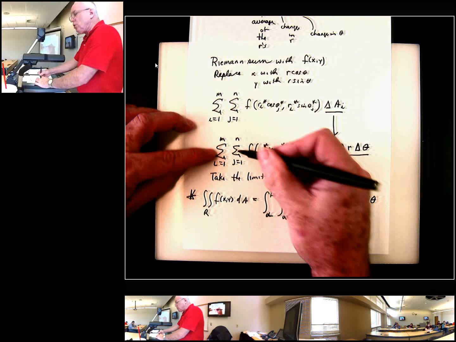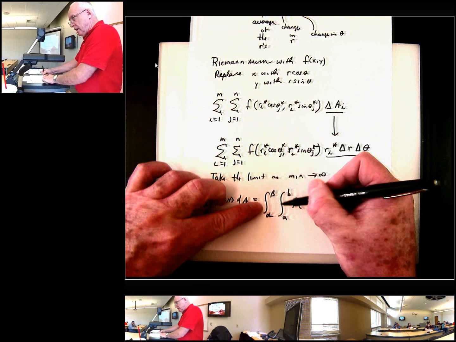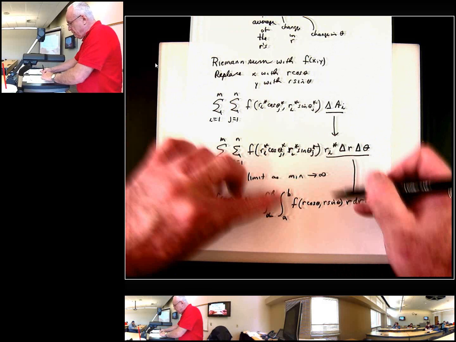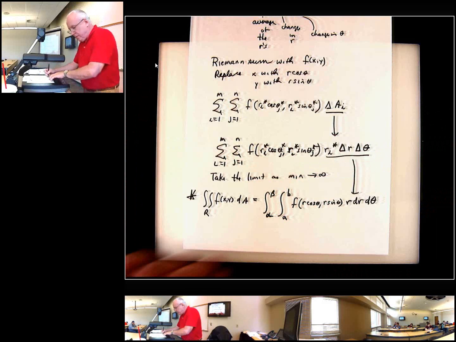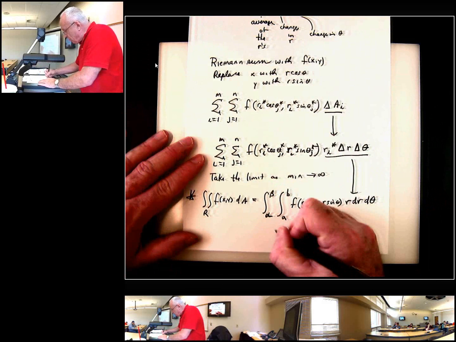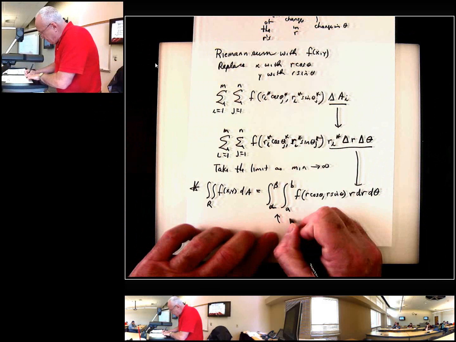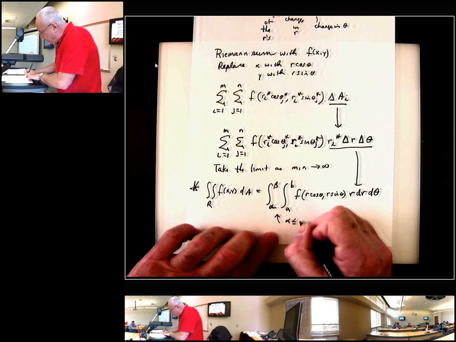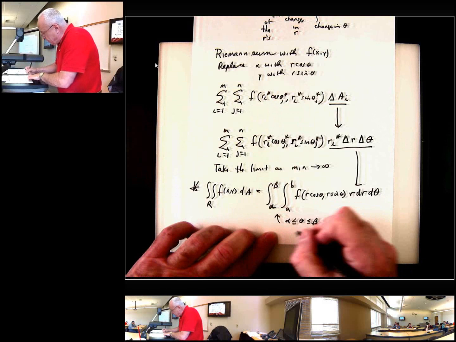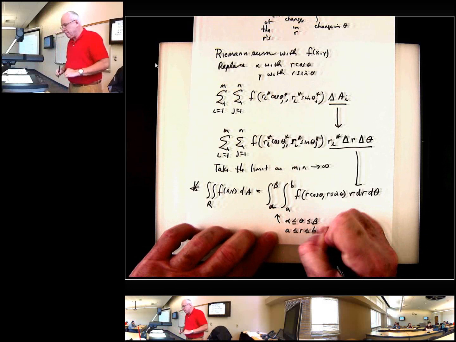We replace our double summation signs with the double integral signs. Our function is here that we're integrating, and this is then being integrated over this polar rectangle. Theta is going from alpha to beta, and r is going from a to b.